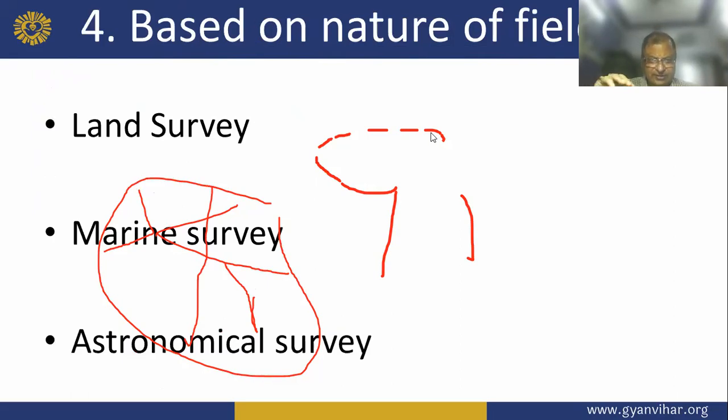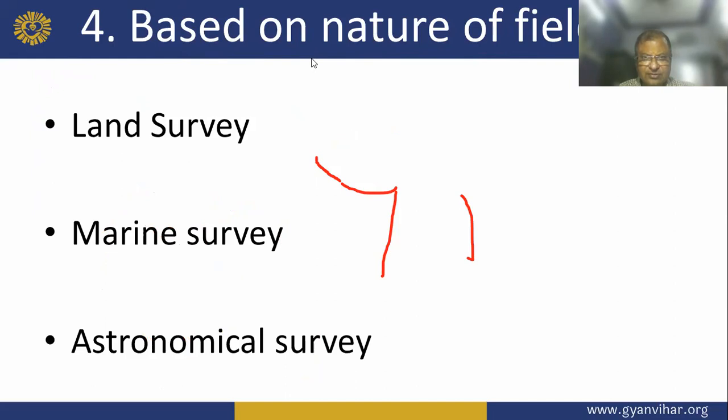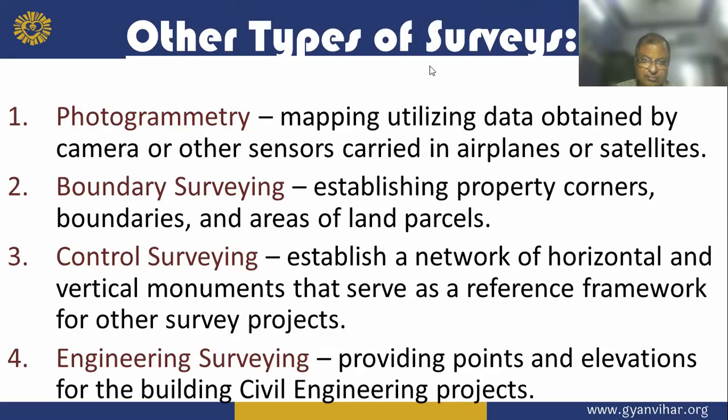Now land survey, marine survey, and astronomical survey. Photogrammetry maps utilize data obtained by a camera or other sensors carried in an airplane or satellite.